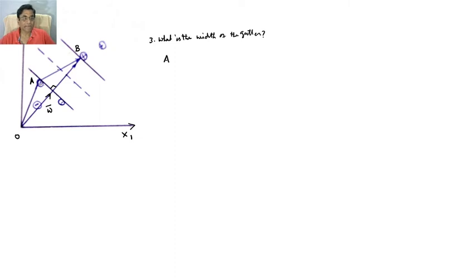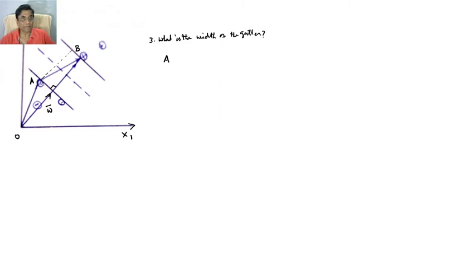Geometrically, you see, AB, this is the width of the gutter. But this is not perpendicular, so we'll have to take a projection in the perpendicular direction, because otherwise this could also be width, this could also be width. Width will be the perpendicular distance between these. How to find it? I will take a projection of this vector.